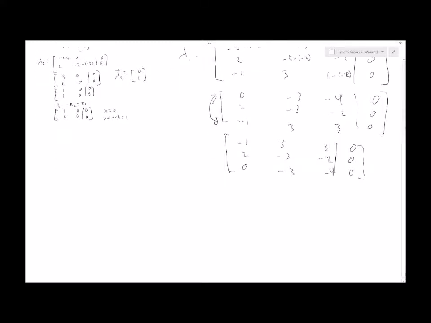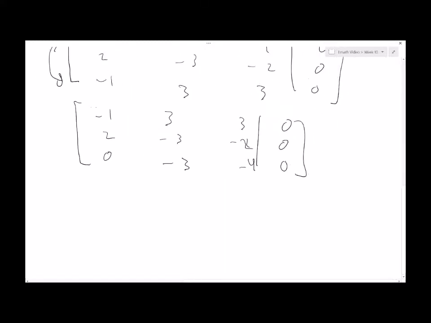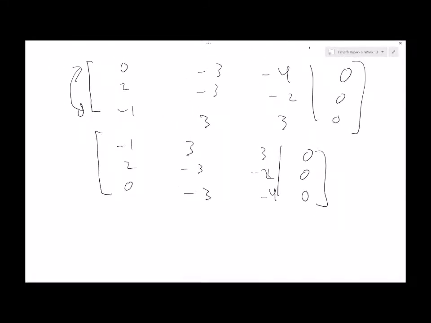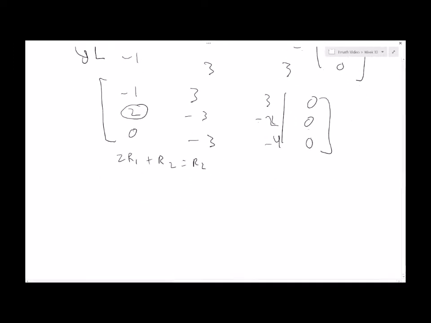Alright, so now that we're here, let me do 2 row 1 plus row 2 equals row 2. We want this to be a 0. So -1, 3, 3, 0.